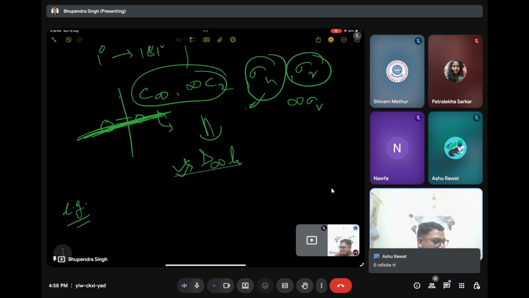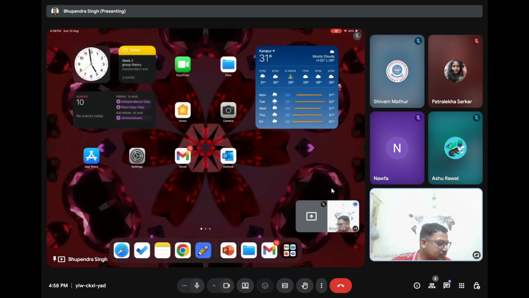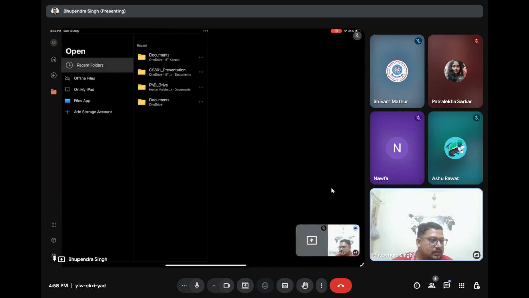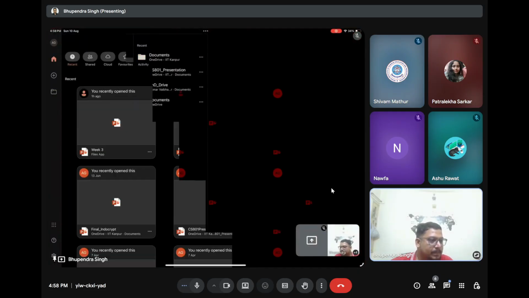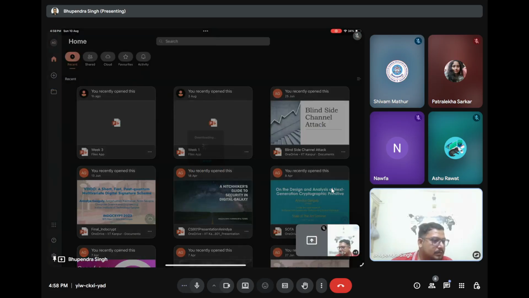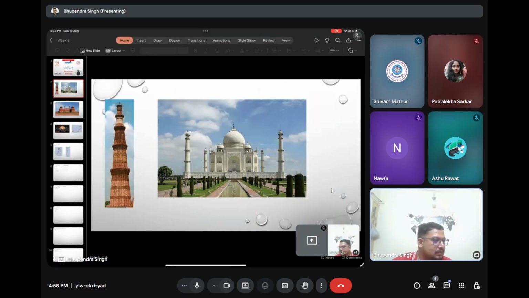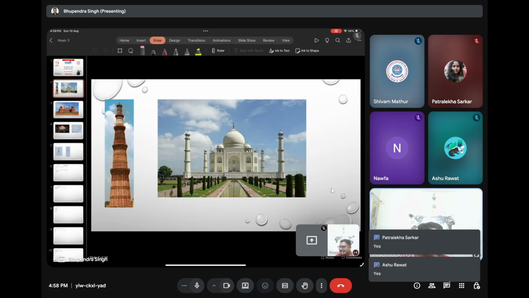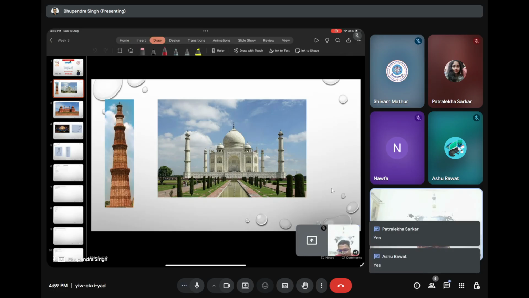Now, I think I have something interesting for you guys also. Are you able to see my screen? Tell me, what is the point group of Qutub Minar? This is the Qutub Minar. Yes. Tell me the point group of Qutub Minar.